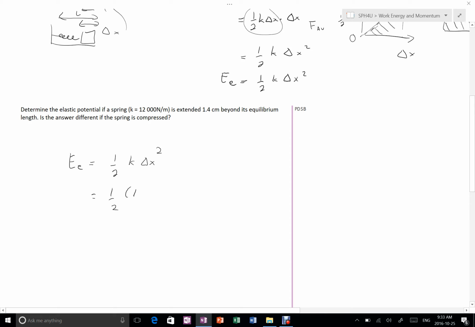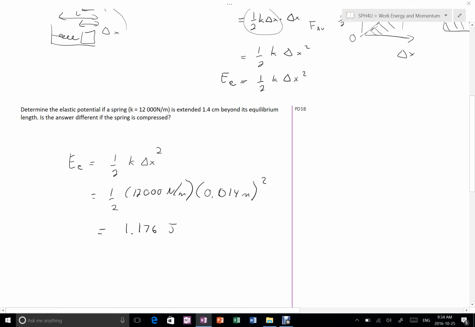1/2 times 12,000 newtons per meter times delta x squared. Careful here, we need to be in meters. And we can get a value of 1.176 joules.